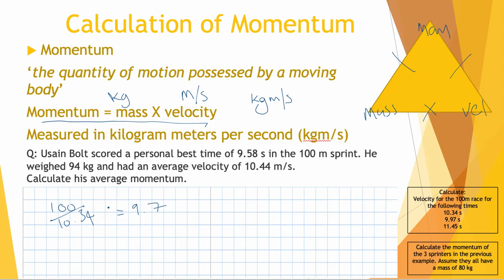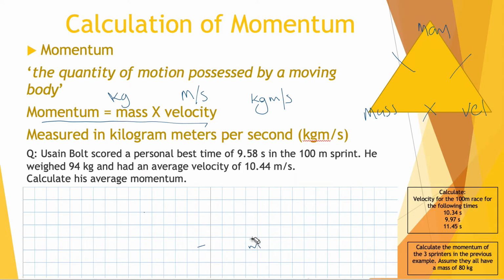And then we're going to take that 9.7 and put it in here. So it's 80, the mass in kilograms, times the velocity, which I've calculated to be 9.7, equals 776 kilogram meters per second. So that would have been your answer to number one for both the velocity and the momentum.